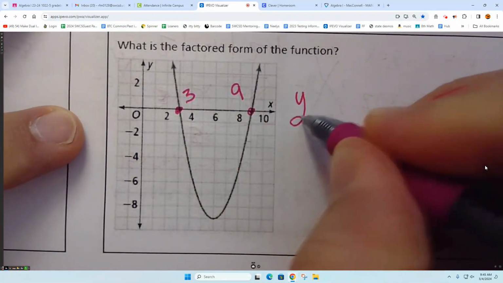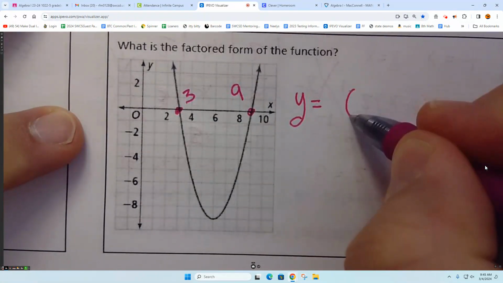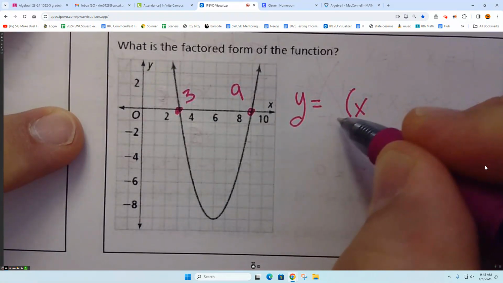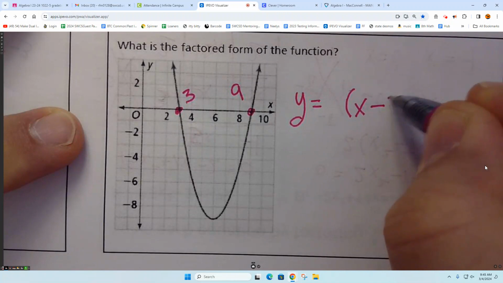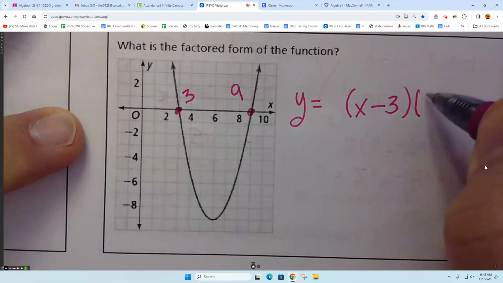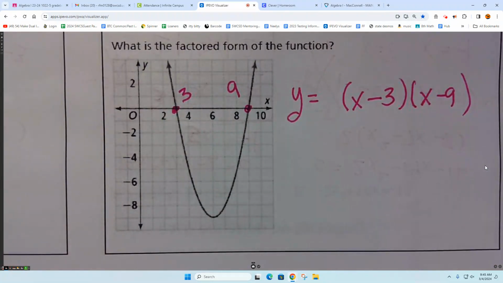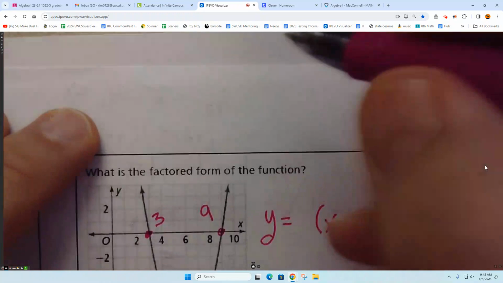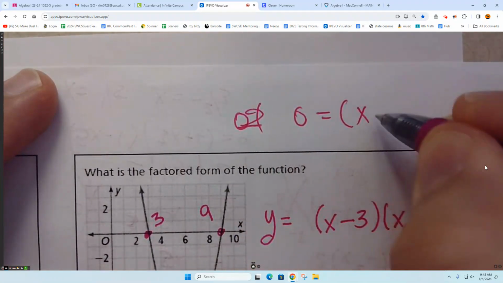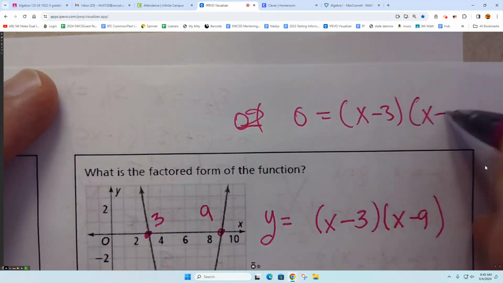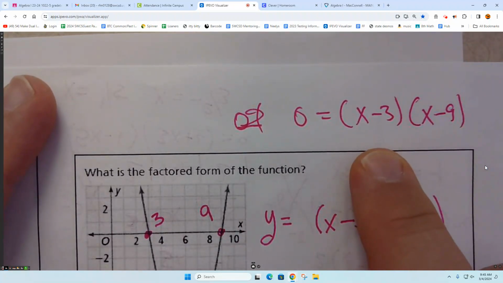This is an equation. y equals x minus 3, and x minus 9. I'm leaving space here for a reason. Why is it an equation? If I were to say 0 equals x minus 3, x minus 9, I'm talking about 2 x's.